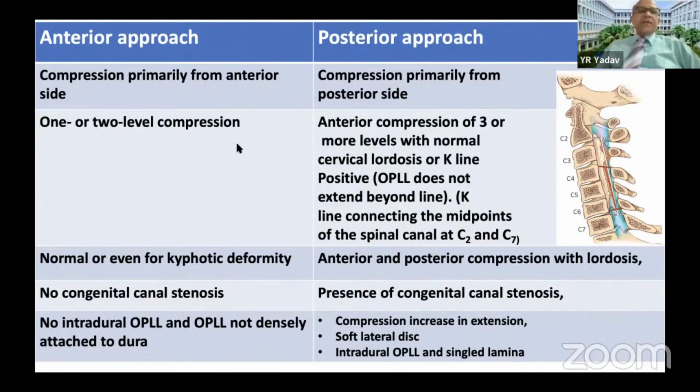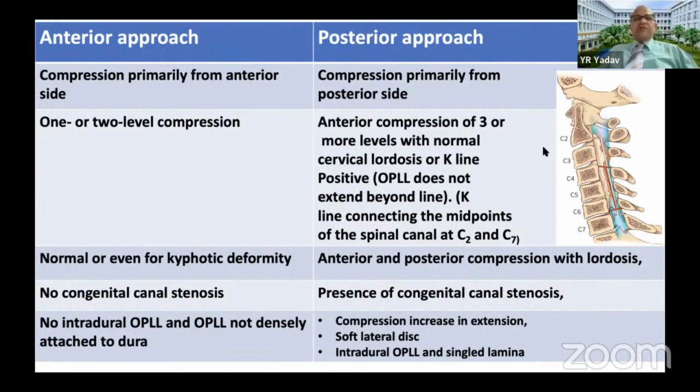The only exception is when you have more than 2 level, 3 or more level compression, even if it is from the anterior side, and if it extends more than 3 levels, the results of surgery when you go from anterior approach, especially in OPLL, are poor as compared to, or are either same or poor when you do it from posterior side.